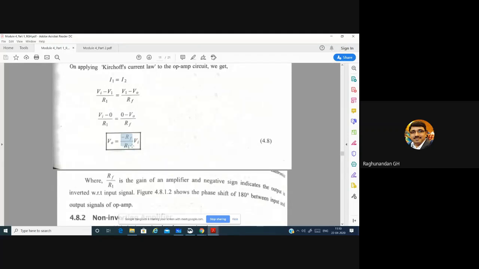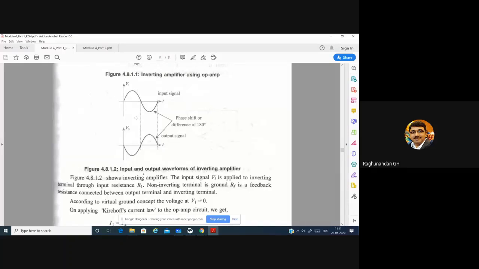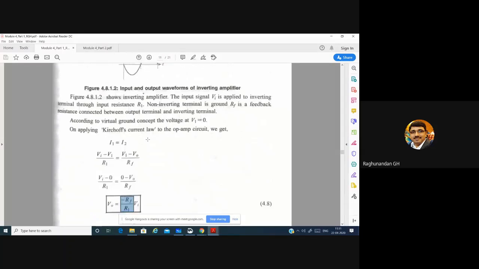To confuse you, in interviews they might ask whether an inverting op amp has negative gain or positive gain. Always, the gain of an amplifier will be positive. The minus sign just indicates it is inverting the input and output, a phase difference of 180 degrees between input and output.